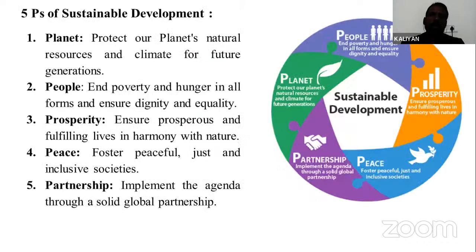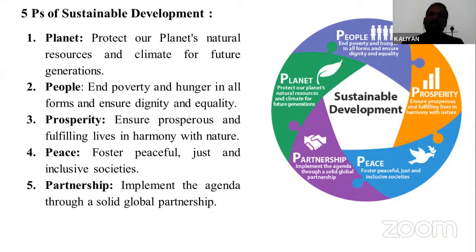And what are the 5 P's of sustainable development? One is planet: natural resources and climate for future generations. Second is people: ending poverty and hunger in all forms, and ensuring dignity and equality.